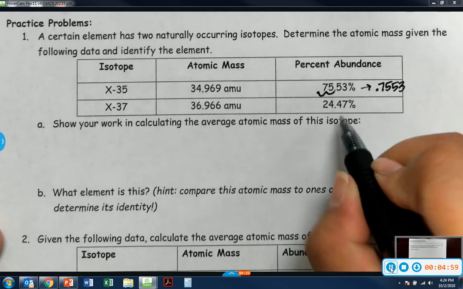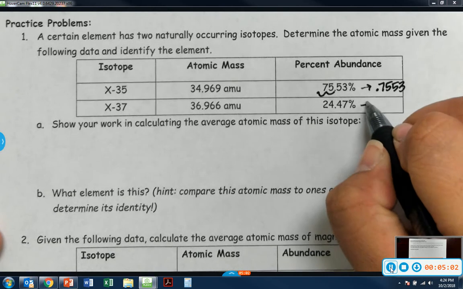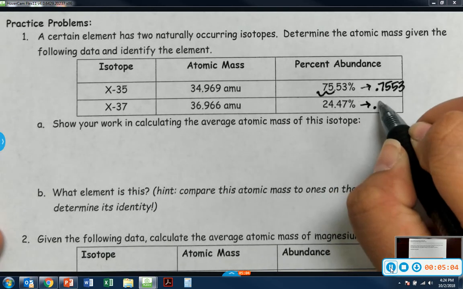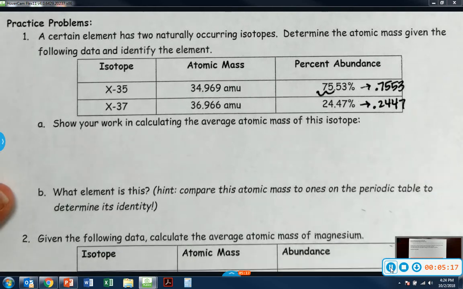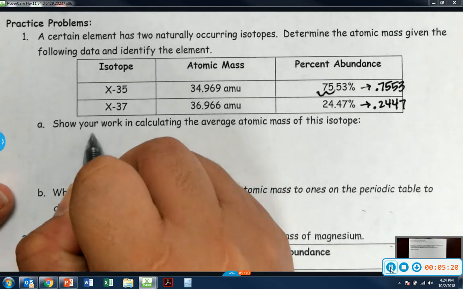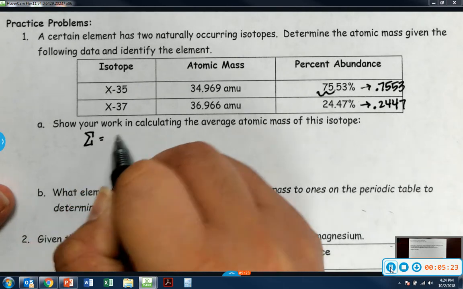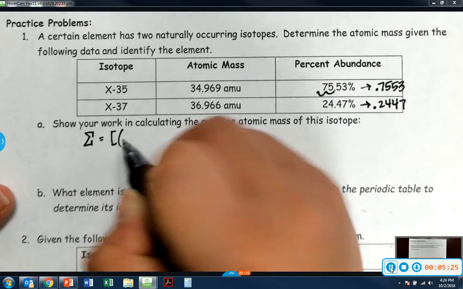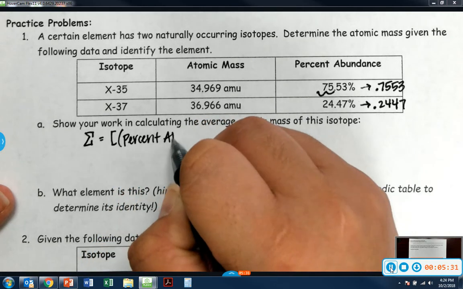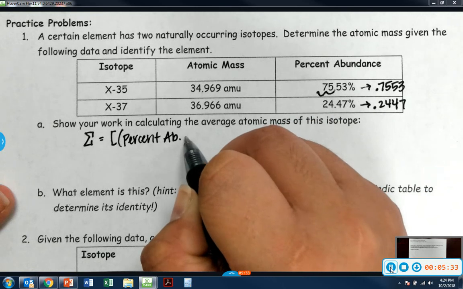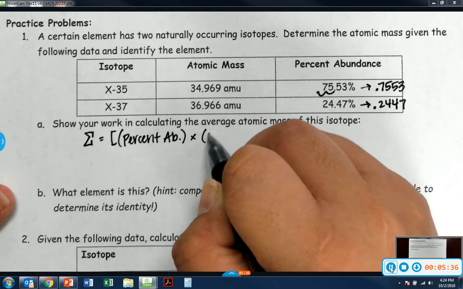So for isotope X37, our percent abundance would therefore be 0.2447. Now that we've converted our percent abundance into a decimal, we're going to plug this into our equation. Remember, our formula is the sum of our percent abundance multiplied by the mass of our isotope.